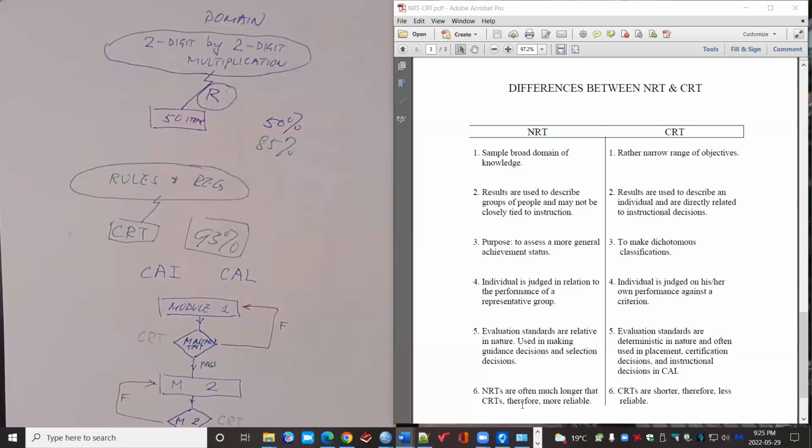Okay, more reliable means what? Let's say an examinee is taking the test. They take the first half of the test, and the score is 80%. And then they take the second half of the test, and also get 80%, assuming all the test items are measuring the same objectives.